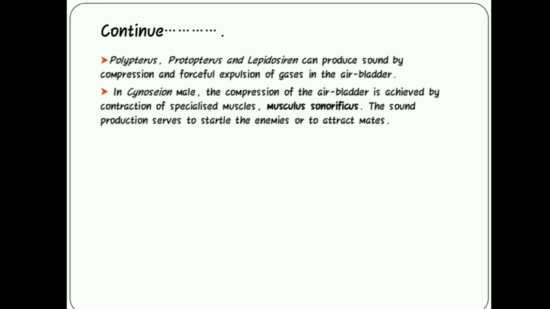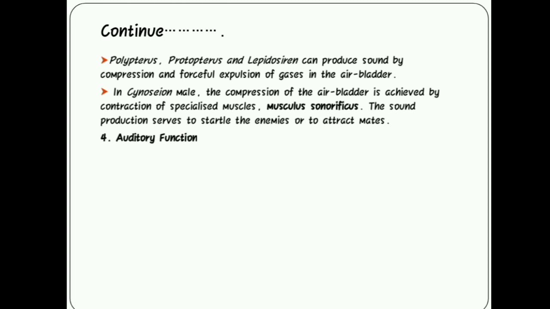The sound produced serves to startle enemies or attract mates. This type of sound production is used for protection from enemies or to attract females.